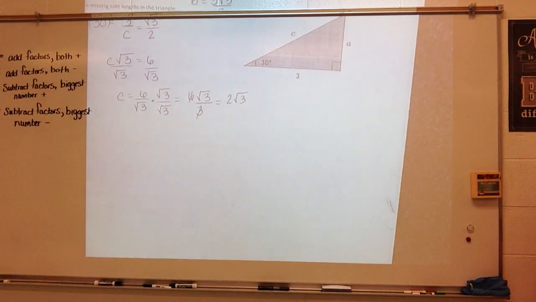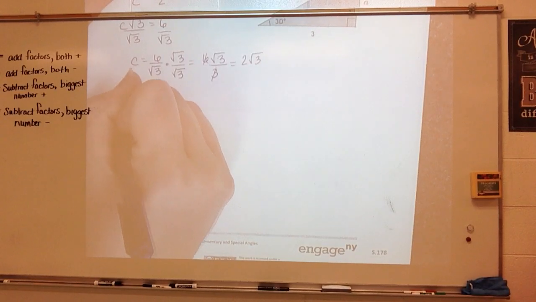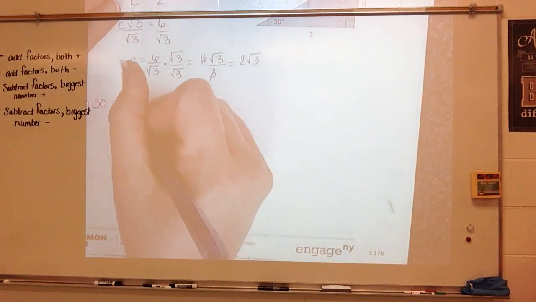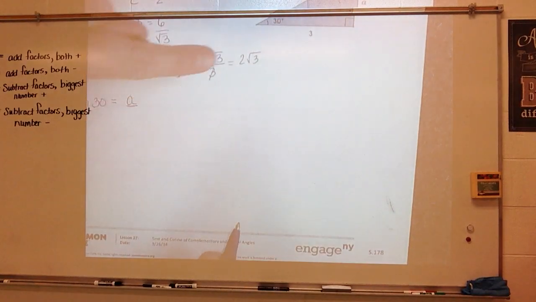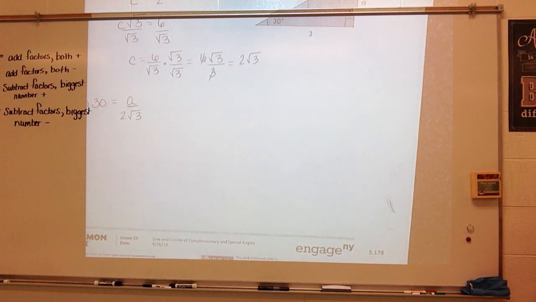Alright, now that I know my hypotenuse, I can do the sine of a 30-degree angle. The sine of a 30-degree angle is the opposite, A, over my hypotenuse, which is 2 square root of 3. Nope, sorry, messed that up.